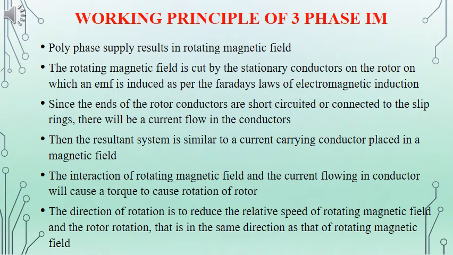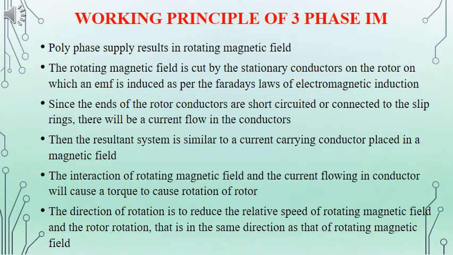For that, the rotor should be rotating in the same direction as the rotating magnetic field, by which the relative velocity between the rotor and the rotating magnetic field will get reduced. So that is the principle of operation of a three-phase induction motor, and we can find that the rotor will start to rotate in the same direction as the rotating magnetic field.